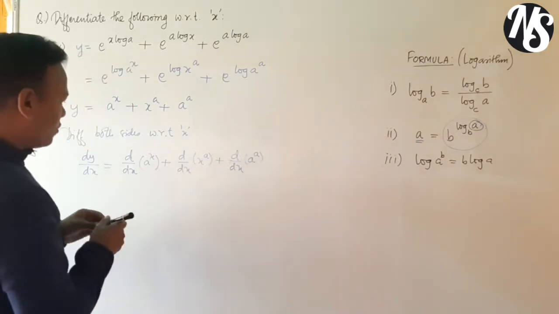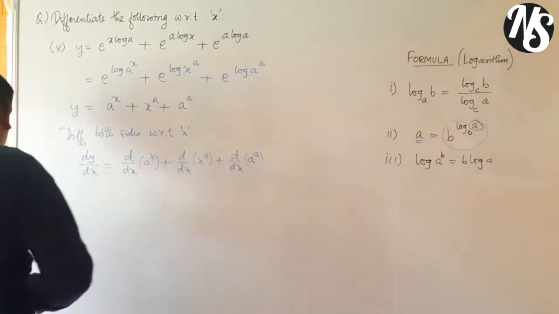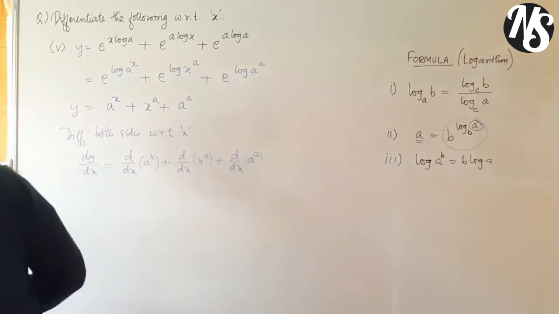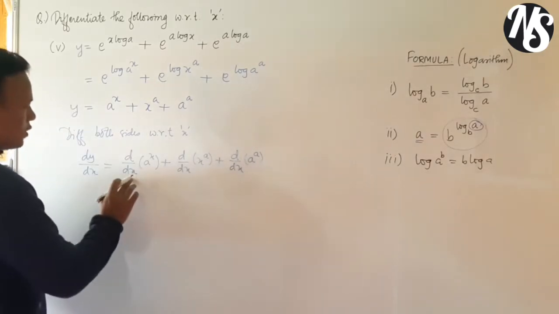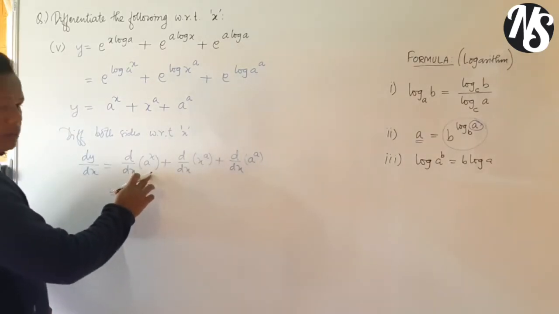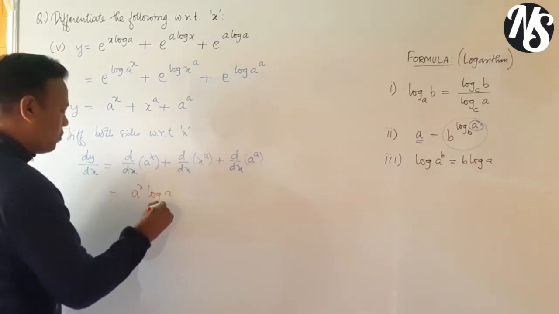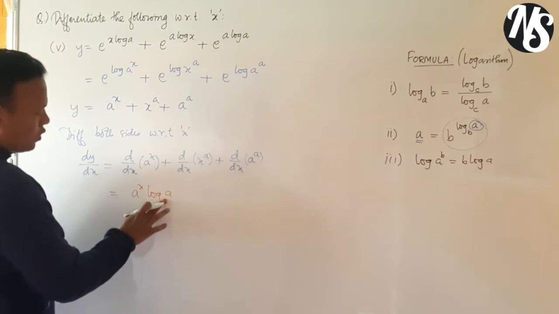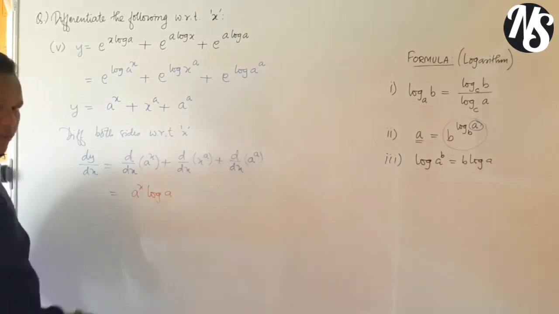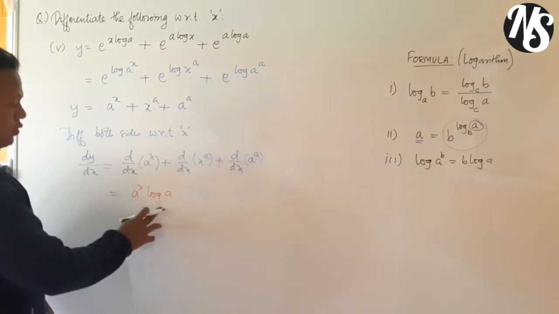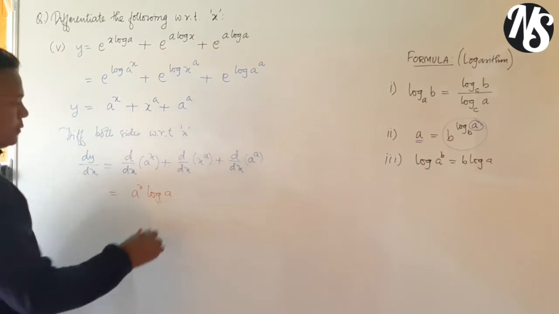Now look here carefully. The differentiation of a to the power x, how much is this? This is a to the power x log a with base e, or if you want to remove this base, that's also fine. Since we are doing calculus, you must assume that the base is e.